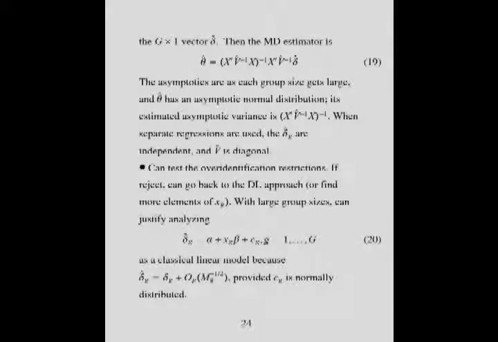And it's justified because, in effect, you can ignore the estimation error in the parameters that you've generated using the within-group regressions. So in other words, if we have large group sizes, then you treat these estimated intercepts as if roughly they're basically the true intercepts.